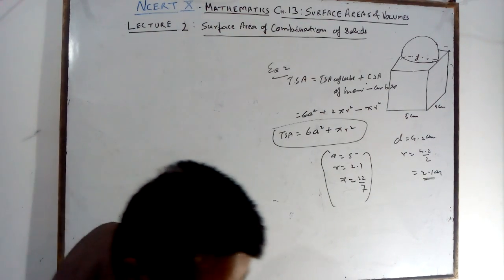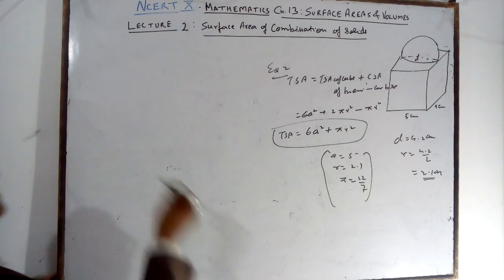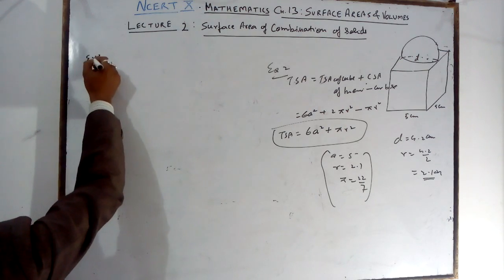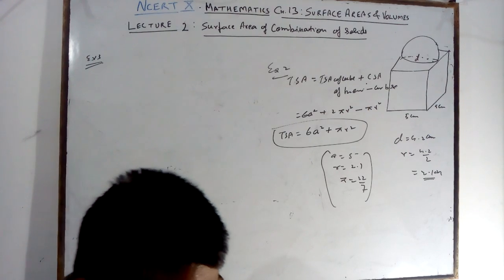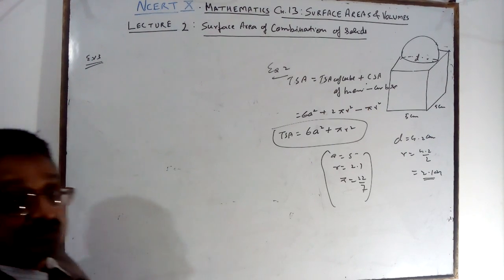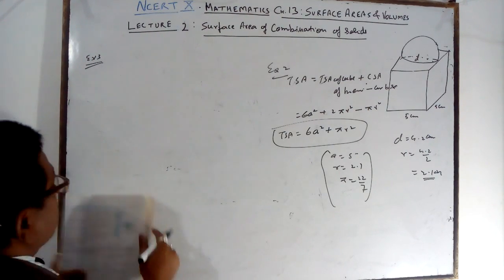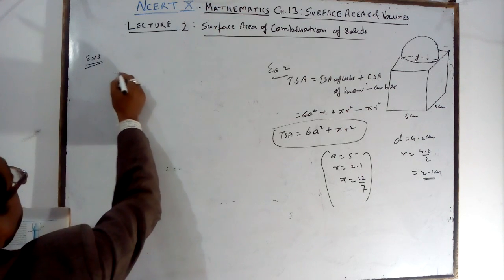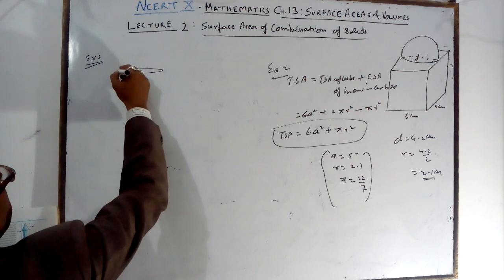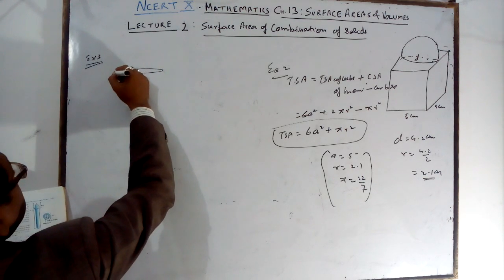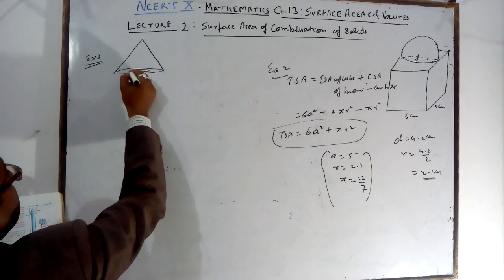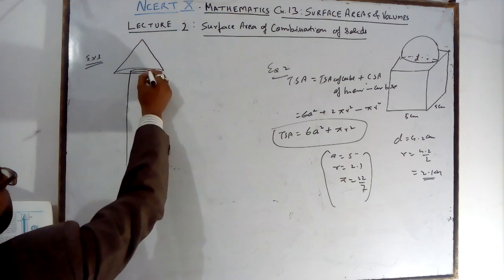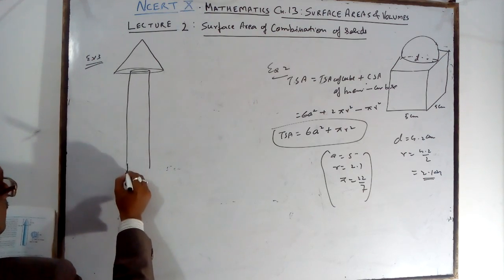Example number 3. What is given in example 3? There is a wooden rocket. Rocket, you know, in Deepavali, there is a rocket like this, and it has a cylindrical base.